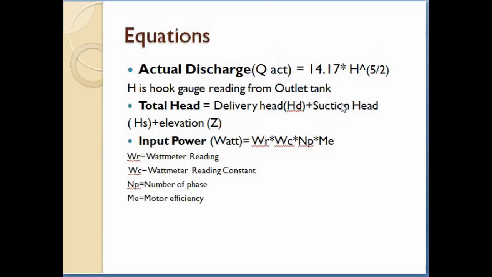Then input power is nothing but the electrical input power that we are going to supply to the motor, because the motor is the one thing which converts electrical power into shaft power, and the pump runs based on shaft power. Hence what we can see here is input power is in terms of watts, that is electrical energy supply, where WR is the energy meter reading or watt meter reading, and WC is its constant, and ND is the number of phases on which the power is supplied, and motor efficiency, that is how efficient it is to convert the supplied power into mechanical power.